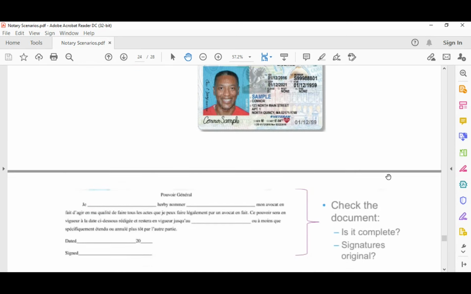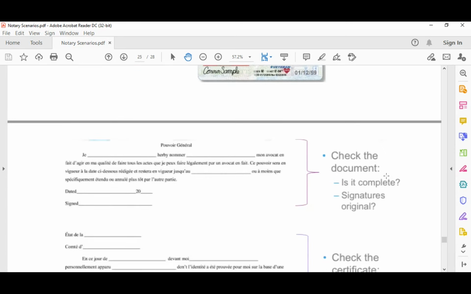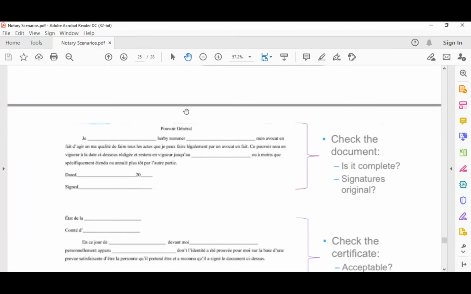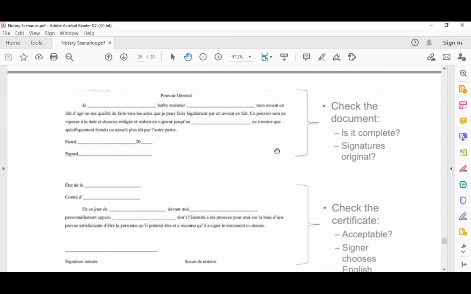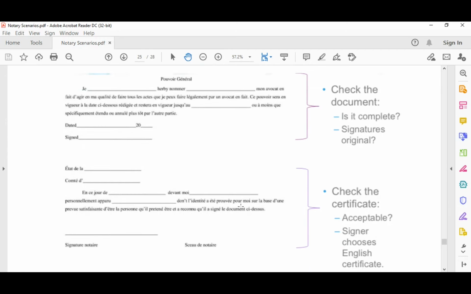Now, most importantly, this document is not filled out, okay? And furthermore, it's not in a language that you understand anyway, nor is the certificate, okay?